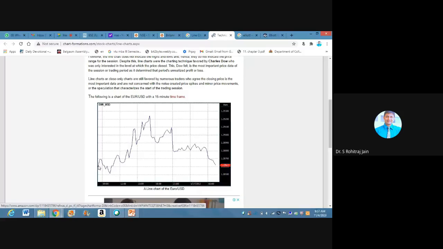So what they do is keep on drawing the line. So how do they connect the data points over there? Every day's closing price will be connected, and based on that, the line chart will be plotted.